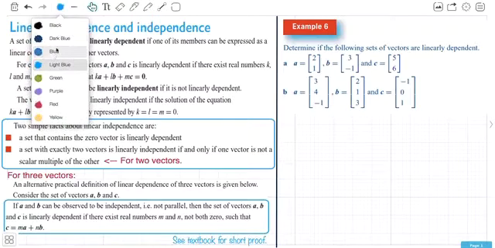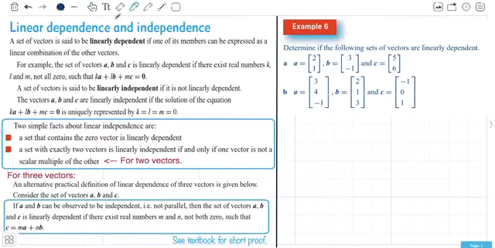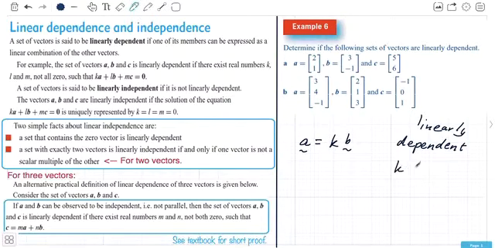Now what that means is, let's say just with two vectors, we had the vector A and we had the vector B. If two things are linearly dependent, then one of the vectors can be written as a scalar multiple of the other vector, where k is some real number.